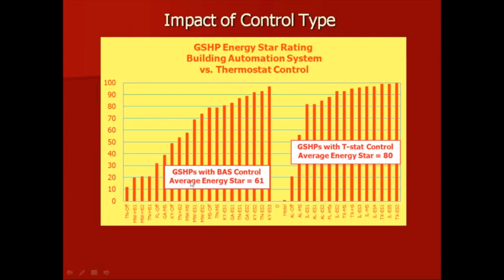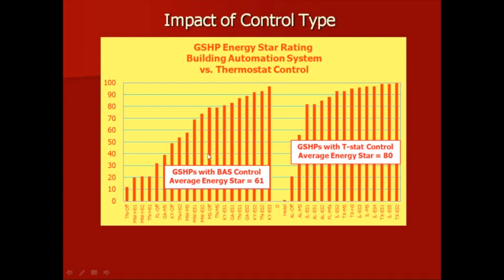Now here's the one I get the most aggravation with. In fact, ASHRAE asked me to write an extra paper to explain why this happens, but you can see the buildings with the building automation systems had an average Energy Star rating of 61, while the ones with thermostats had an Energy Star rating of 80, even though we had one hotel with a 1 there that kind of skewed everything.